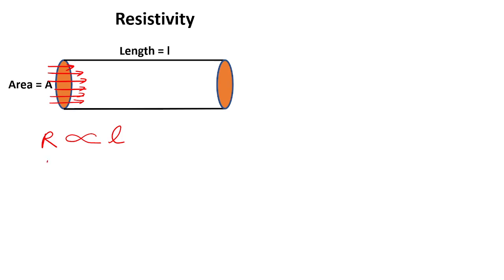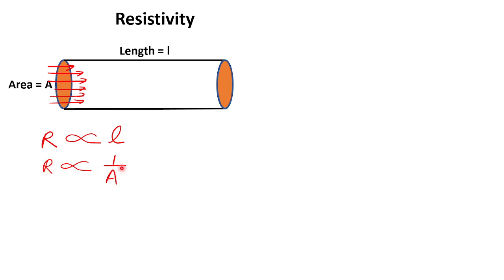Experimentally, we can prove one more thing. There is no exact proof for this given in the textbook. R is directly proportional to 1 by area of cross section. Meaning that more area, less resistance.